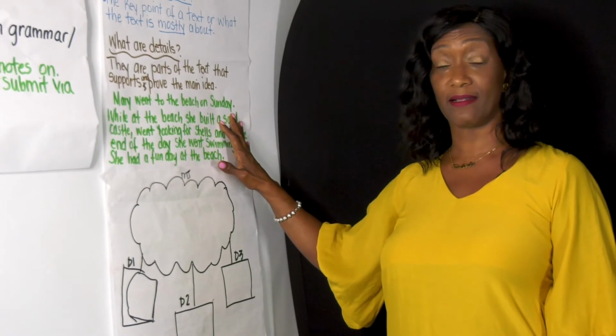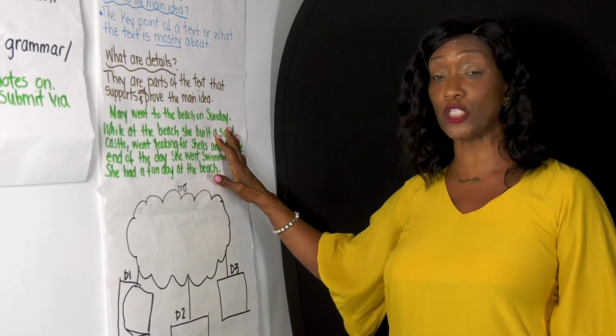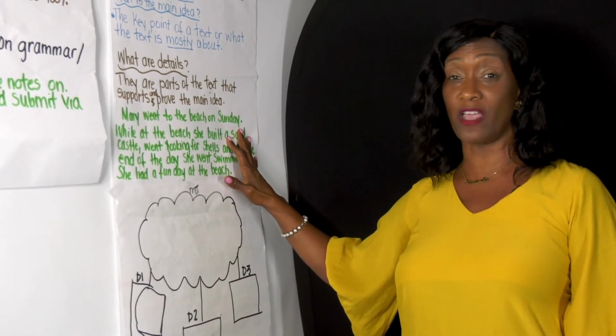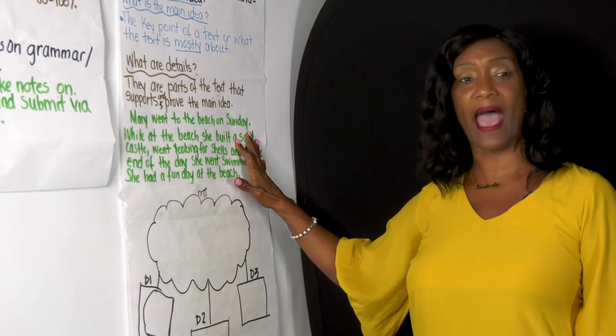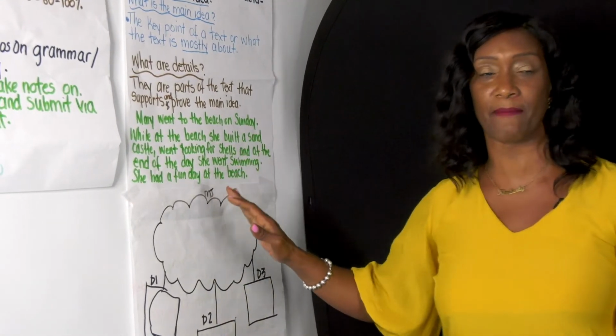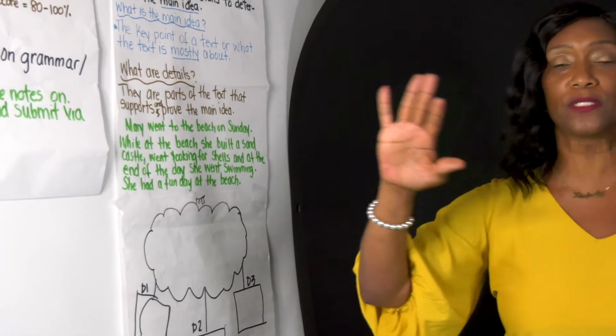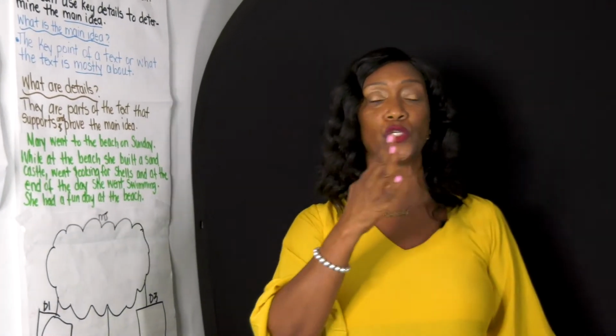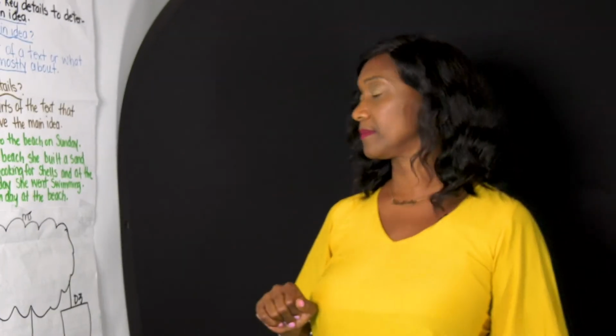Okay, awesome thinking, boys and girls. So I can tell that you all are so excited about this. Now, if it was the Lion Country Safari that you visited, or if you went to the beach, I want all the details about everything that you did and everything that you saw at the places that you visited. Okay? Because now that's going to be your key details.